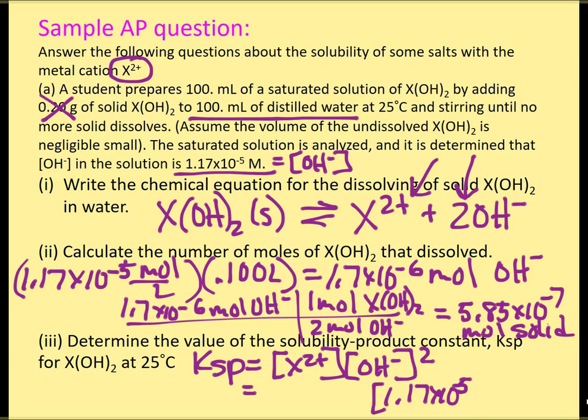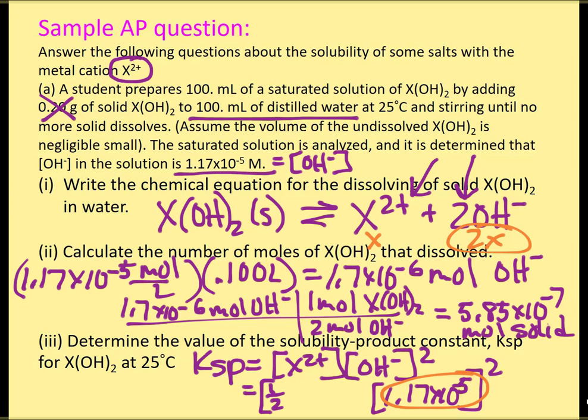1.17 times 10 to the -5th, and don't forget to square it. And now let's look at our X2+. When I look at the ratio, this is a 1:2 ratio, or if the OH is a 2X, then my X2+ is going to be an X. So what I'm saying is if I know this number, which I do, I'm going to divide it in half to find what the X is.